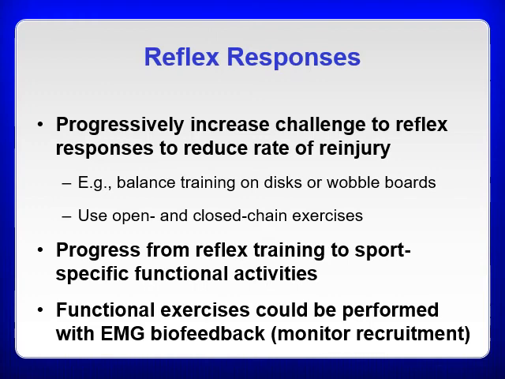You can actually perform functional activities with EMG biofeedback to enhance motor unit recruitment. So it doesn't just have to be sitting and getting a muscle to contract and setting off the unit. You can actually do this by adding it into their functional movement. So if you want to continue to carry that on, you can further enhance that.